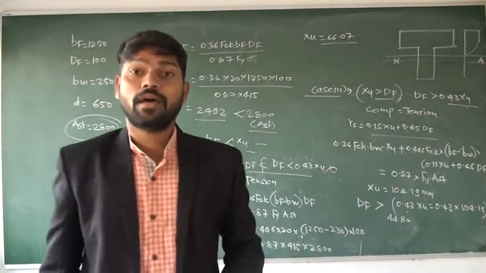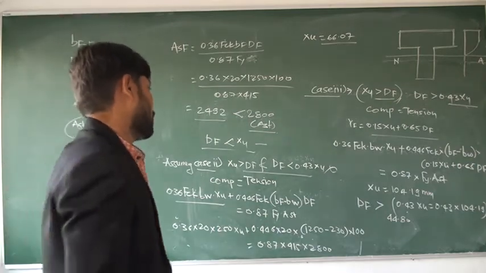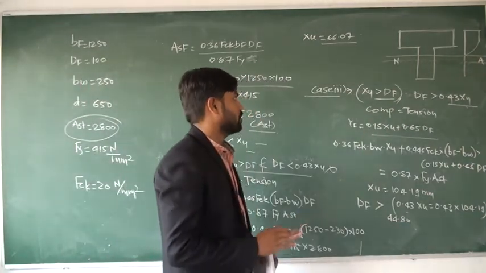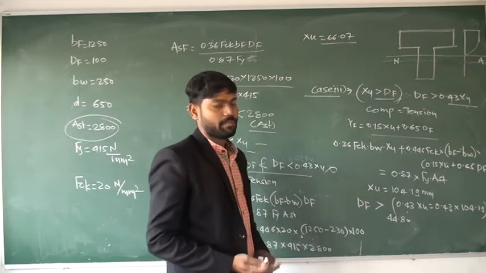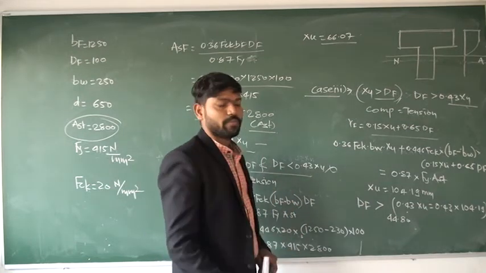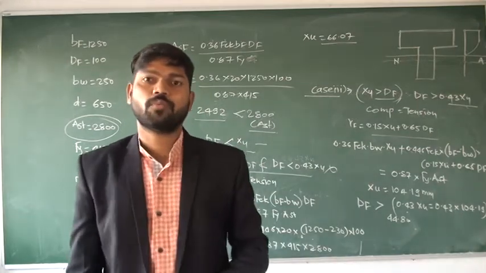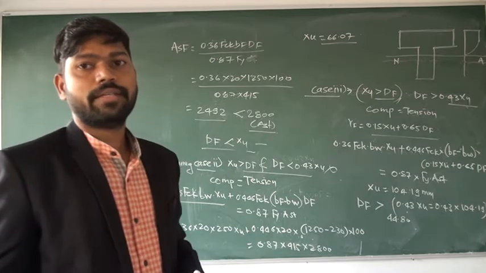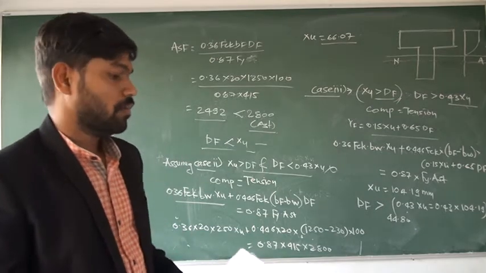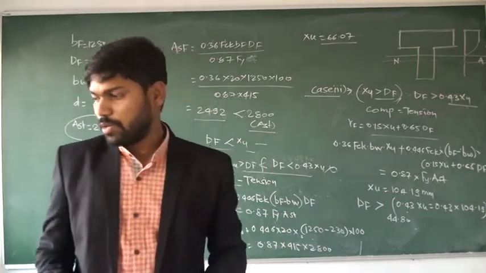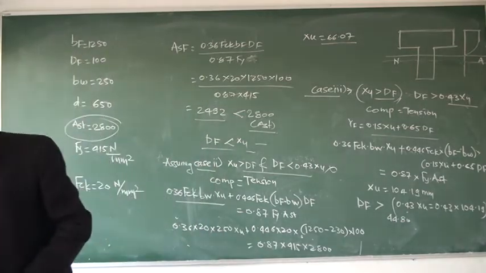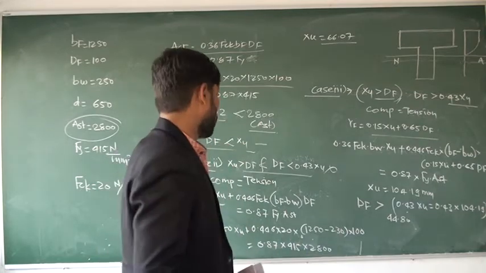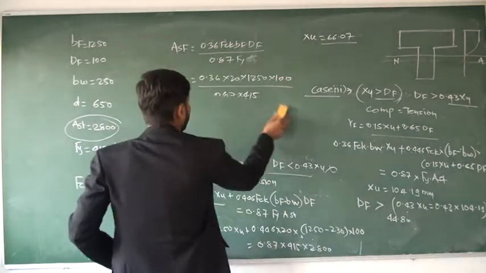Now, see, our assumption number 3, that is xu is greater than Df and Df is greater than 0.43 xu, which is 44.80. Alright. Now we'll calculate the Mu, because we have come to the actual case of the given problem.